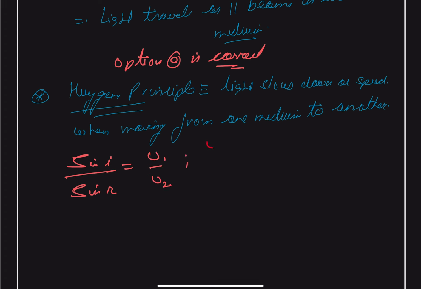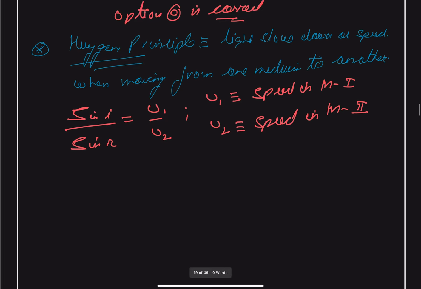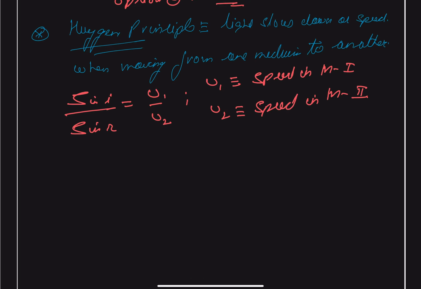Here V1 is the speed in medium 1 and V2 is the speed in medium 2, and i is the angle of incidence and r is the angle of refraction.